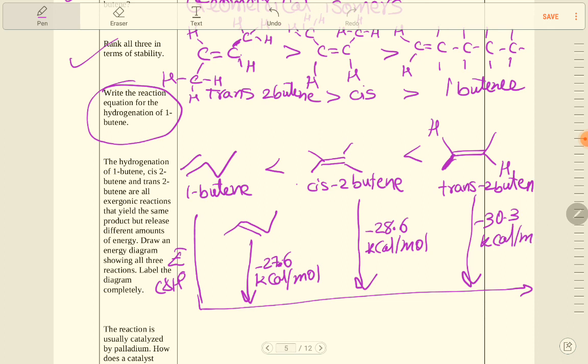All right. So trans-2-butene is the most stable, and so it has a lower heat of hydrogenation.